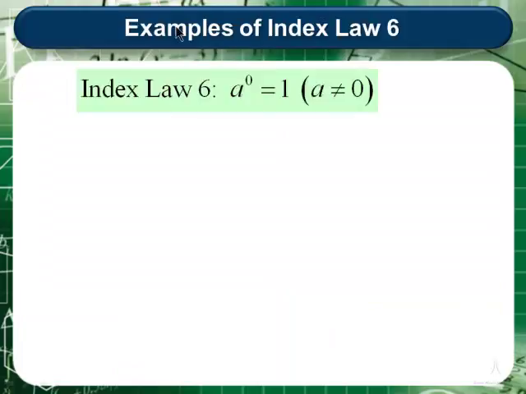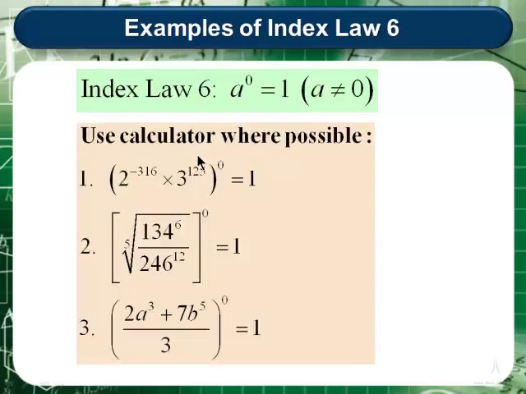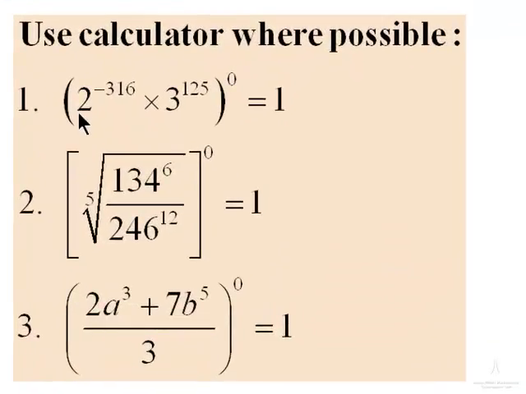Let us look at a few examples where we apply this index law number 6, namely that a to the power 0 is equal to 1 when a is not equal to 0. So in the first example, we have this quite complicated product to the power 0, and that of course is 1. You can test it with your calculator.